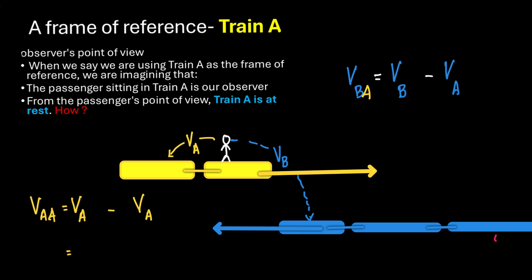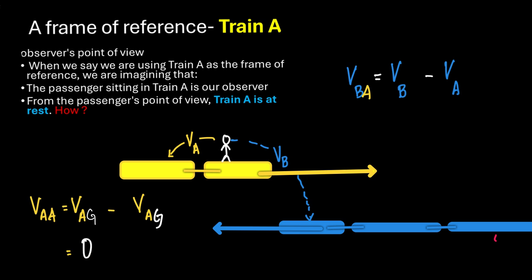Are we missing anything here? Exactly. Is there any absolute velocity? No, which means this is velocity of A with respect to ground minus velocity of A with respect to ground, and therefore VAG minus VAG is equal to 0.